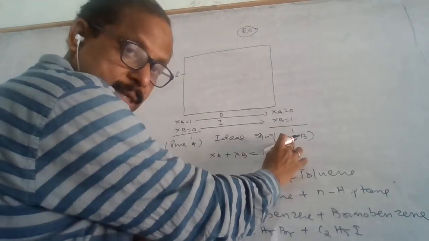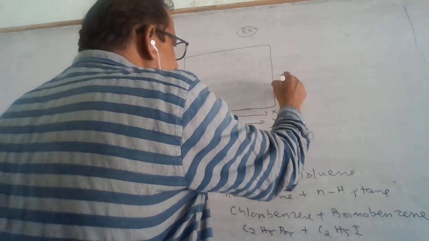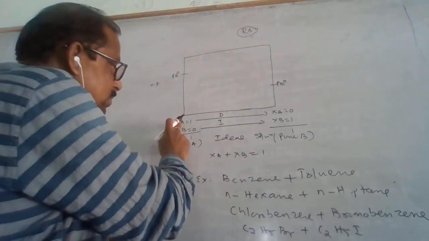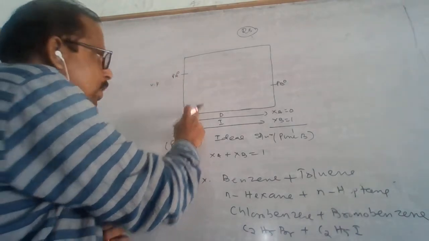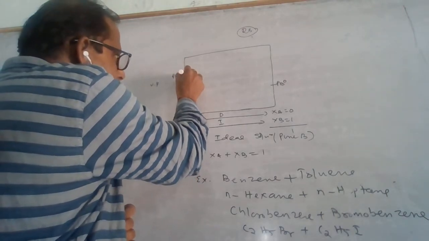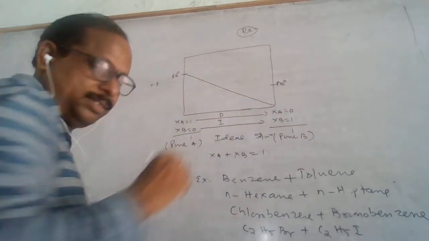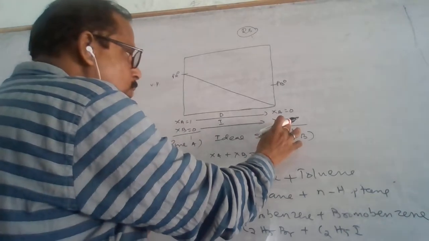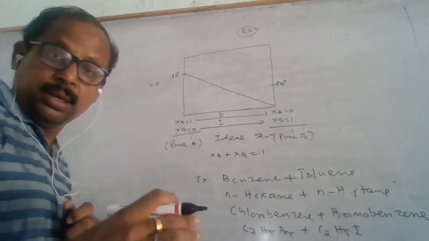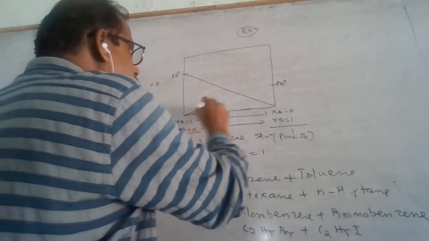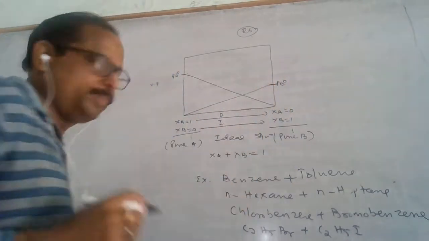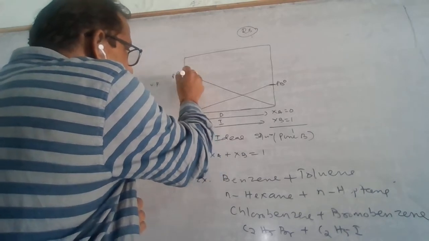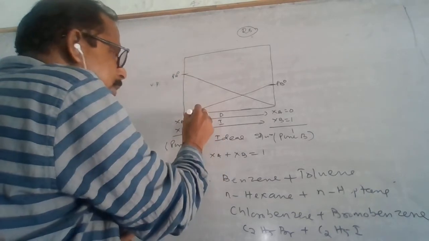When pure B is present, it is called PB0. As the mole fraction of A decreases, the vapor pressure also gradually decreases, while the vapor pressure of B gradually increases. So when the PA value decreases, the PB value increases.